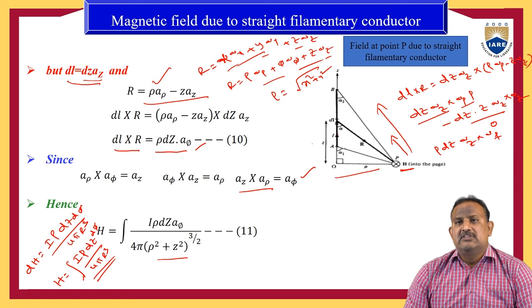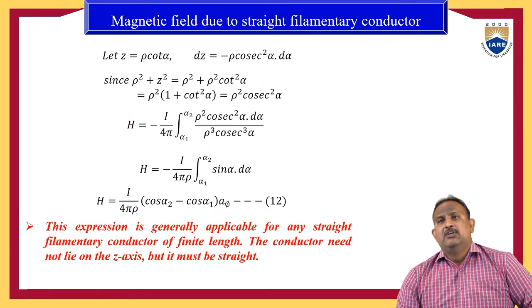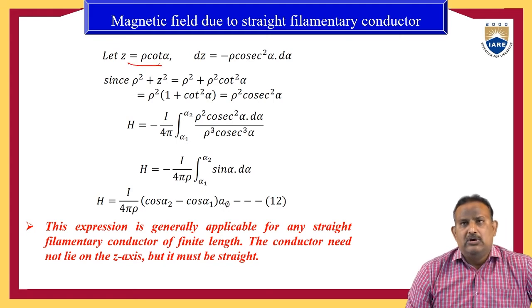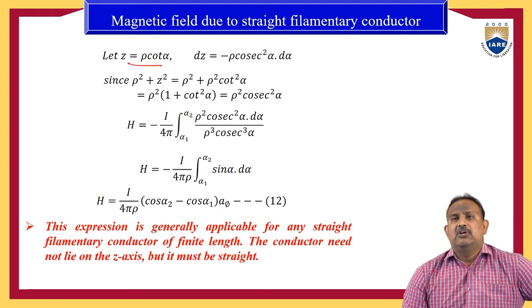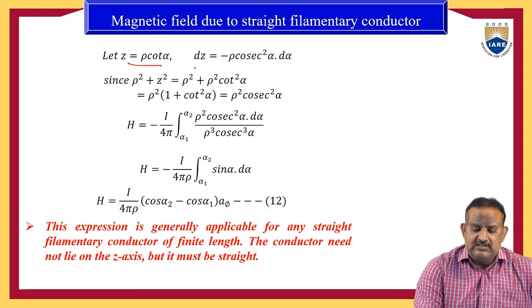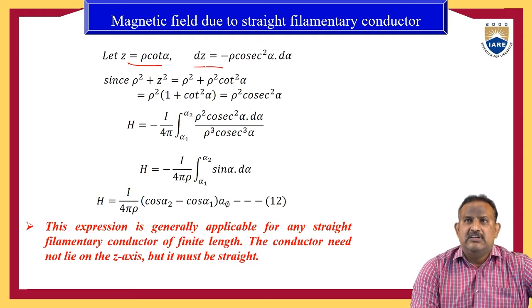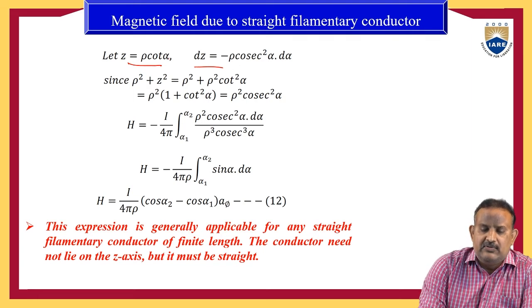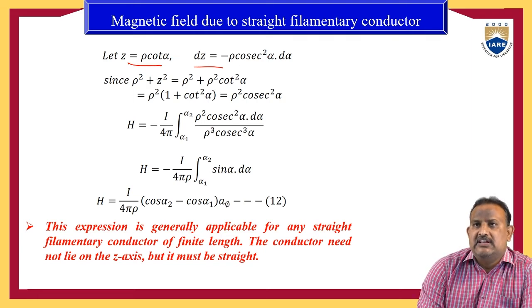We need to simplify the equation to find the magnetic field intensity. To simplify it, let us assume z is equal to rho cot alpha. If we assume z equal to rho cot alpha and differentiate with respect to z on both sides, dz is equal to minus cosecant square alpha times rho d alpha, since the differentiation of cot alpha is minus cosecant square alpha.